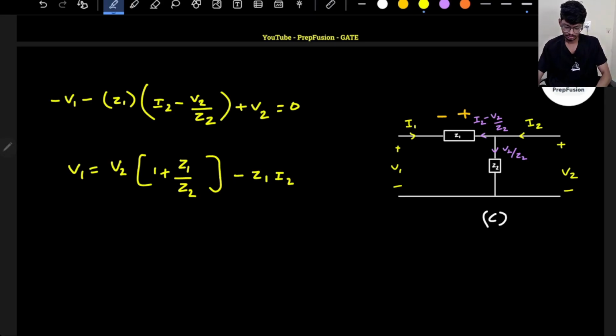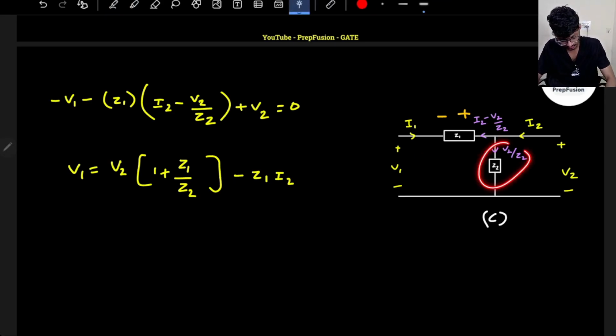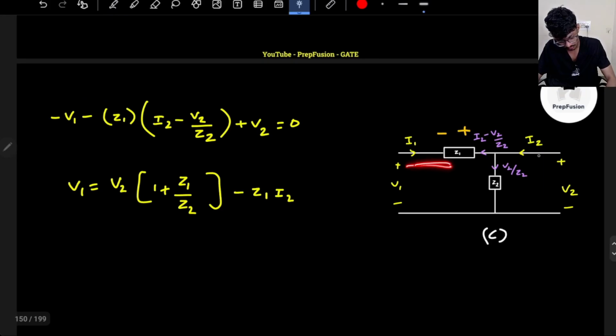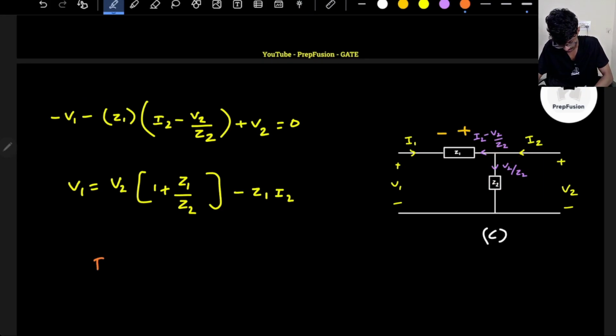And what about the current? If I want to write current I1 in terms of voltage, I can write a KCL at this node: I1 plus I2 equals V2 by Z2.